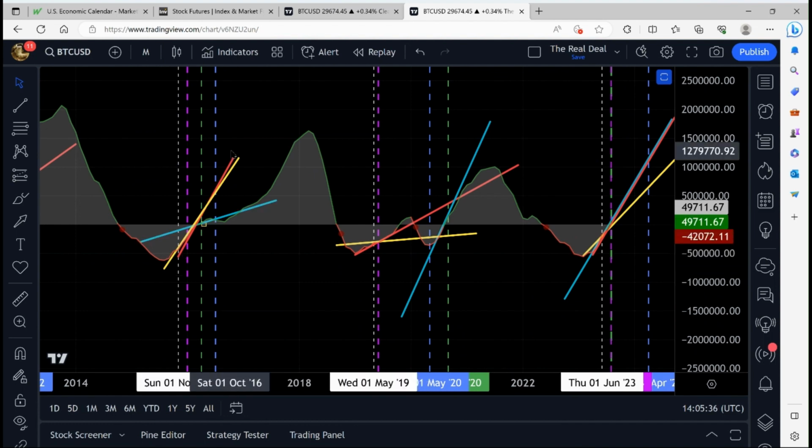Back here, we had a much steeper red line, as we do here in our current bull market we're starting, where we've crossed through the weekly Gaussian channel.